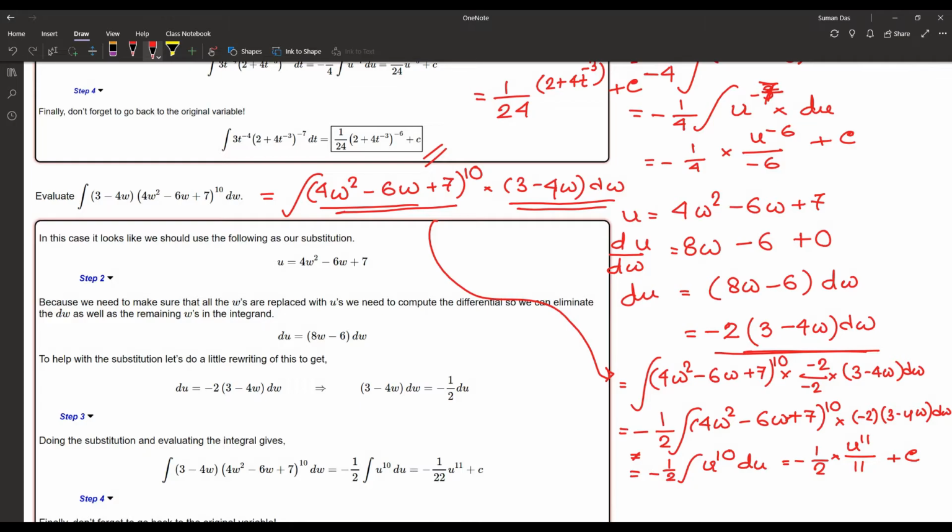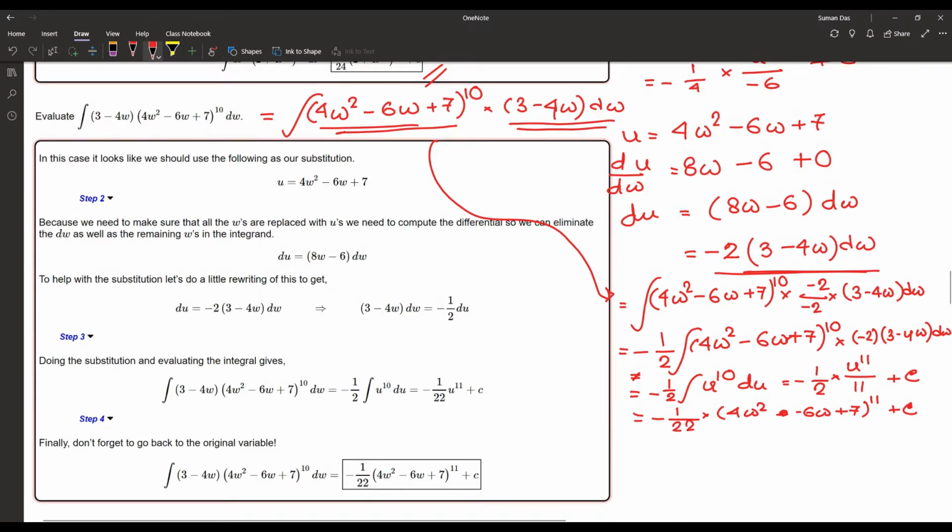As u is equal to that one, we may get the final answer as 1 by 22 into (4w^2 - 6w + 7) whole to the power 11 plus integration constant c, and that is the final result here.